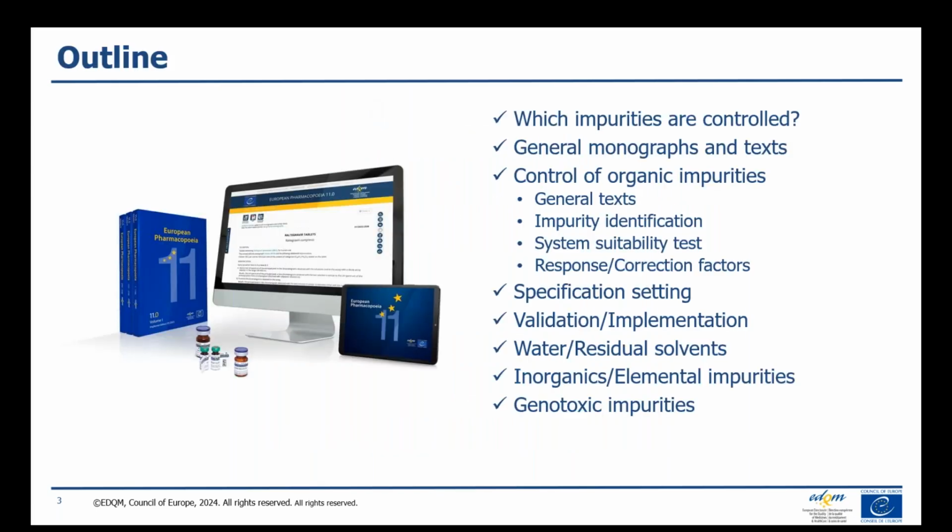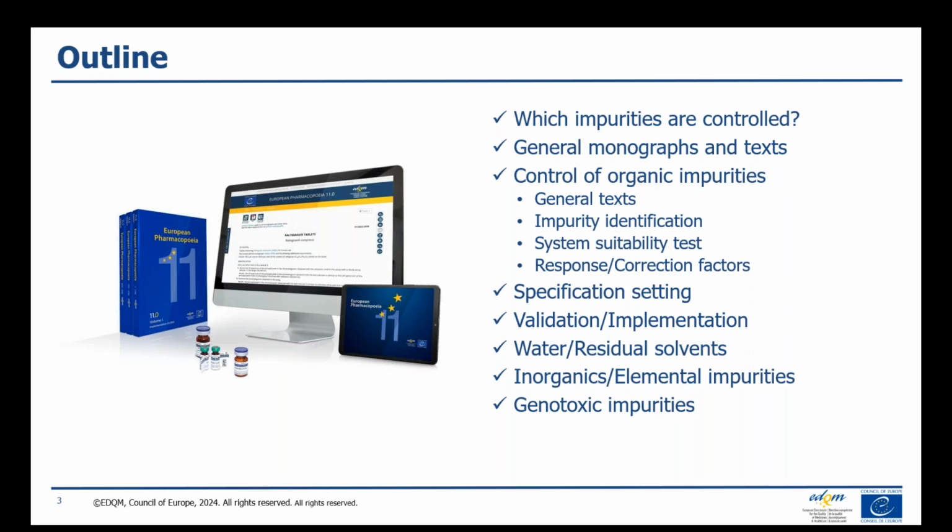First of all, I will explain a little bit what will be discussed today. First, we will see which impurities are controlled in the European Pharmacopoeia. Then I will also give you some information on the general text and the general monographs, which refer to the control of impurities.